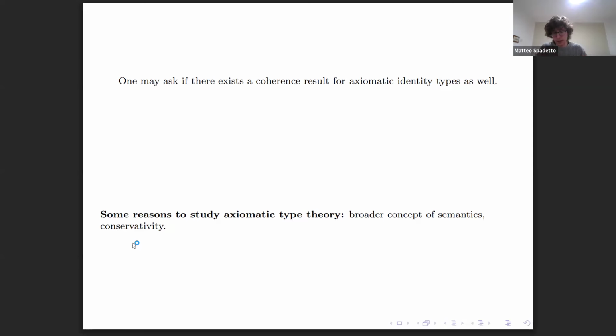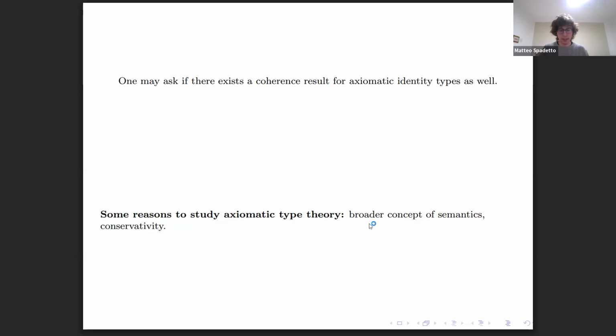Sorry, that intensional Martin-Löf type theory is conservative over the axiomatic version. If this is true, then, since we are talking about different descriptions of semantics of type theory, you could use the semantics of ATT to study ITT, to study intensional type theory.